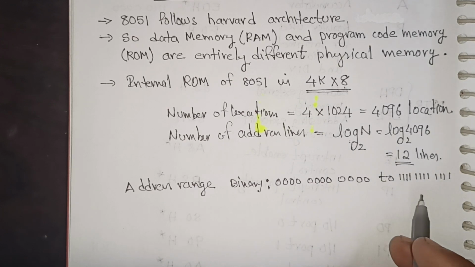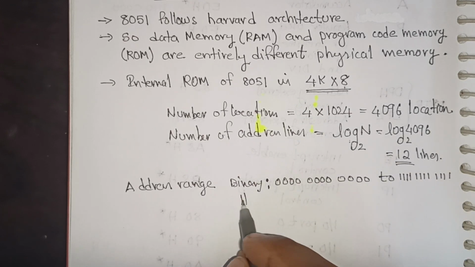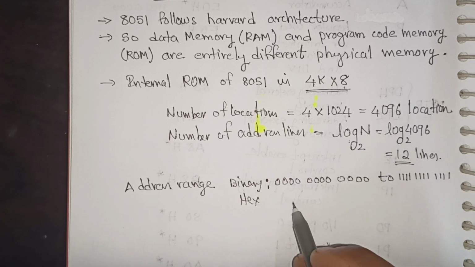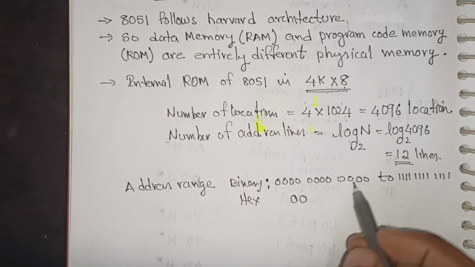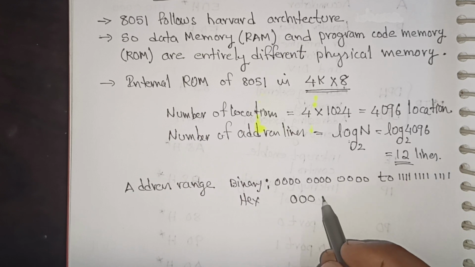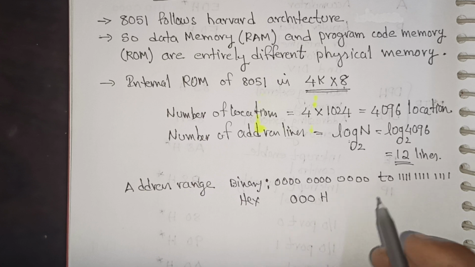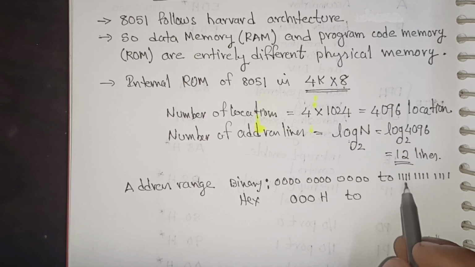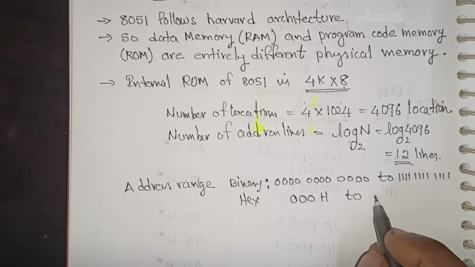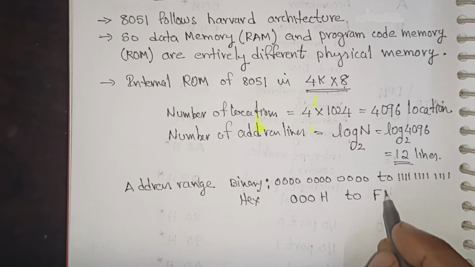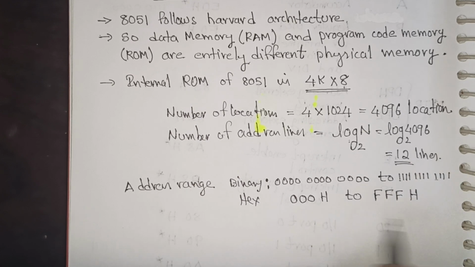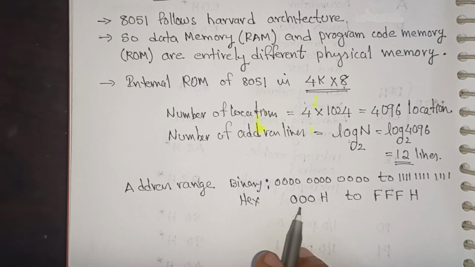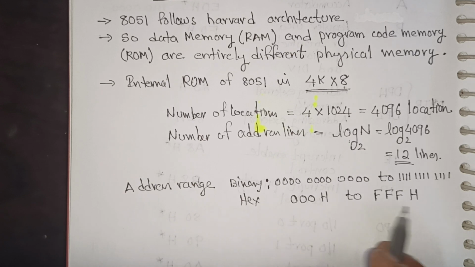This is the address range in binary. And in hexadecimal, each 4 bits of zeros is represented by 0, so 000H, to 1111, which is F or 15, so F for each 4 bits. So this is the address range: 000H to FFFH.